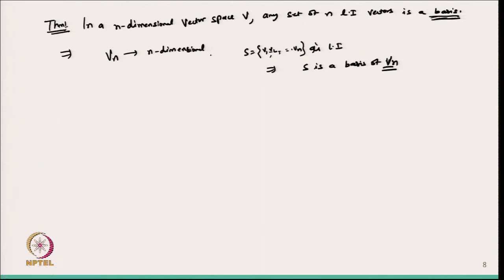So, if it is linearly independent, then it will span the whole vector space Vn. That is why we call it a basis of this one. Once they are linearly independent, that is enough for it to span the whole Vn, because it is an n dimensional space. So, this is just an application of the previous theorems based on vector spaces, the dimension and the basis. So, it is understood. We have also given a lot of examples based on this one.